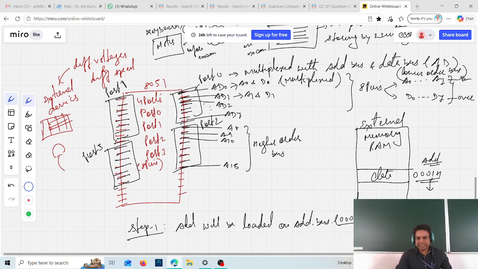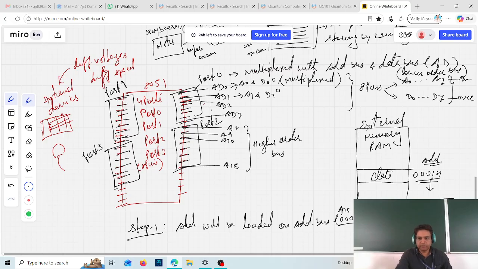So now this 16-bit address will be loaded here like this in A0, A1, and so on. So from A0 to A7, from here to here.